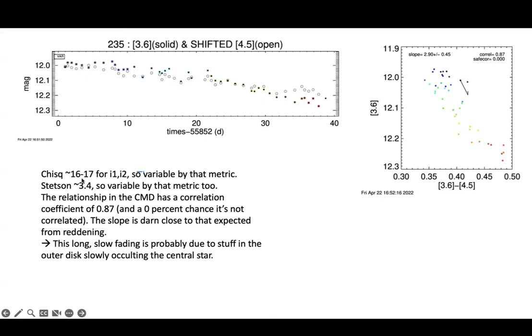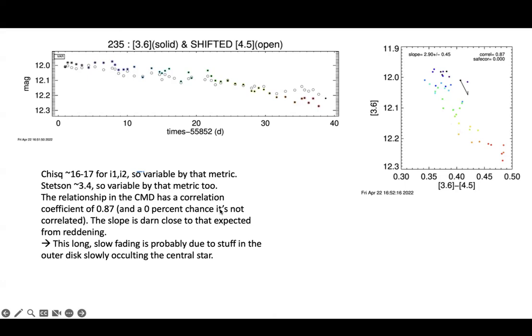So here are the numbers for this light curve. The chi-squared is between 16 and 17 for the two bands, so it's variable because it's above 5. The Stetson that I calculated is 3.4, which is above 0.9. This is YSOVAR data, so it's variable by that metric too. The relationship in this color magnitude diagram has a correlation coefficient of 0.87 and a 0% chance that it is not correlated.